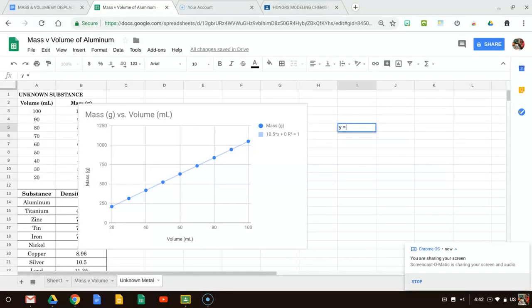y equals 10.5x plus 0. And remember, I don't have to write plus 0. So I could just write y equals 10.5x.